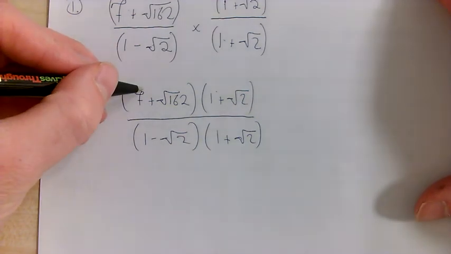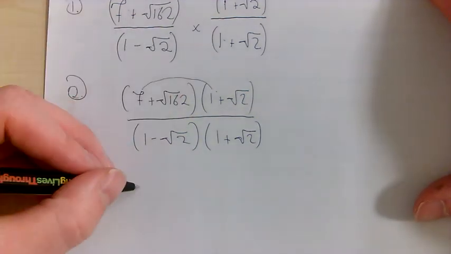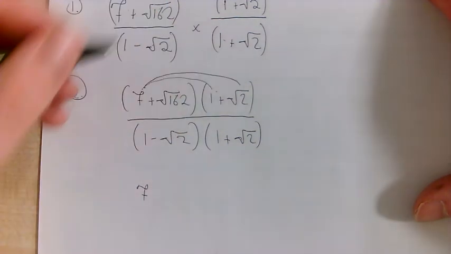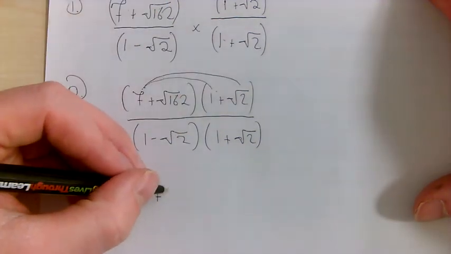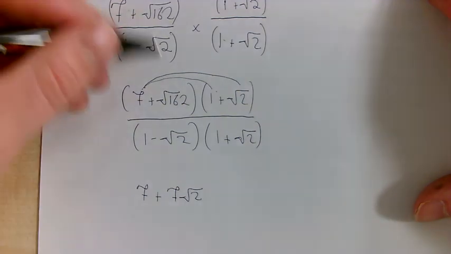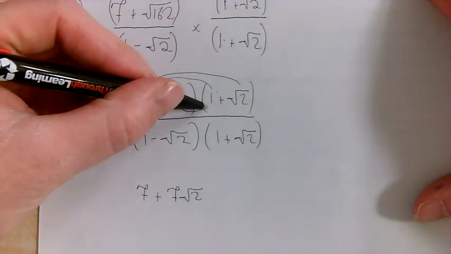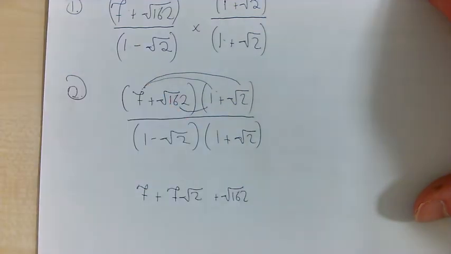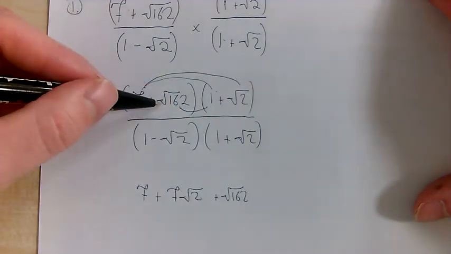So on the first one we've got 7 multiplied by 1, which is 7. 7 multiplied by root 2, which is going to be plus 7 root 2. Root 162 multiplied by 1 is root 162, and that's a positive.